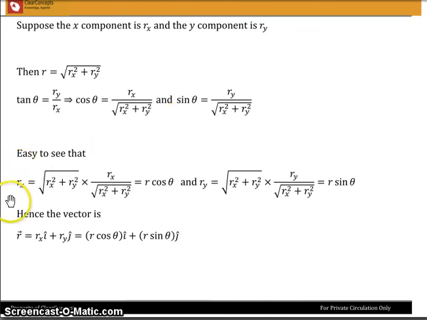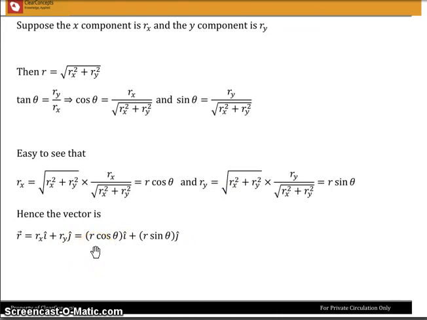Okay? And now it is easy to see that rx is actually this square root multiplied by this, which is basically r cos theta, and ry again is this expression, which is r sin theta. And once again we get r bar is rx i hat plus ry j hat, which can be written as r cos theta i hat plus r sin theta j hat.